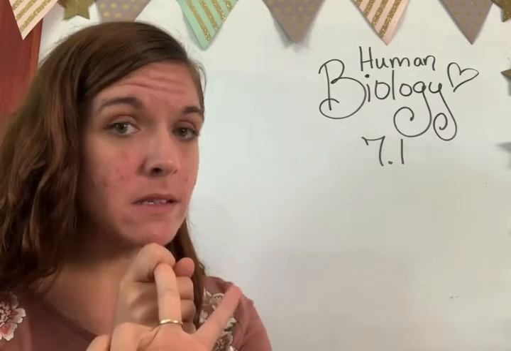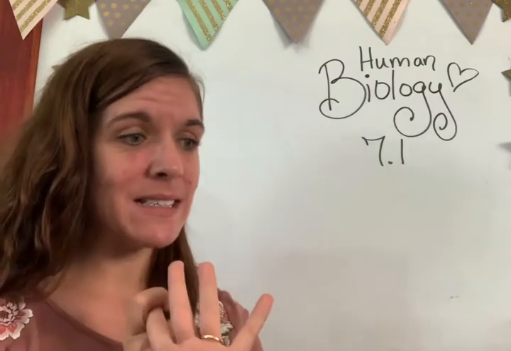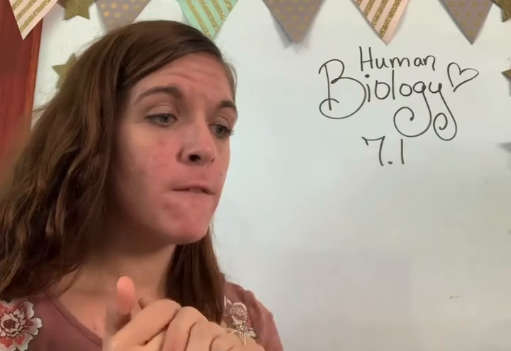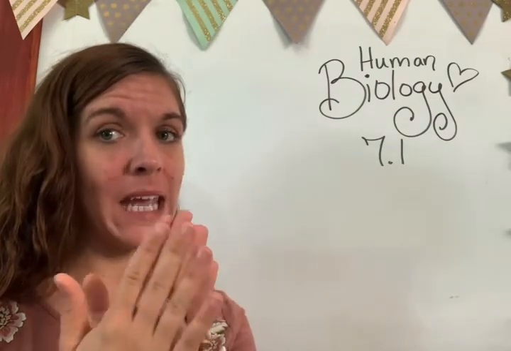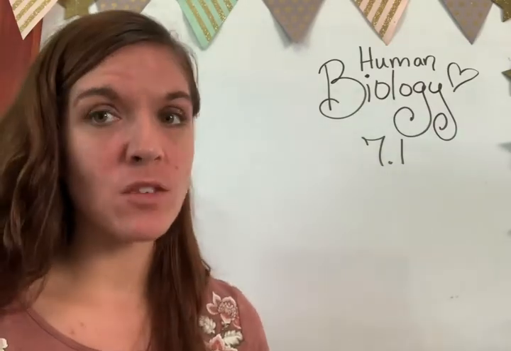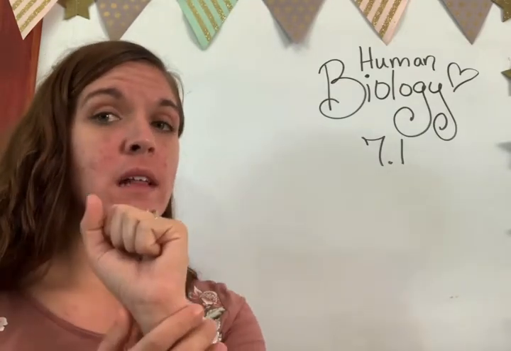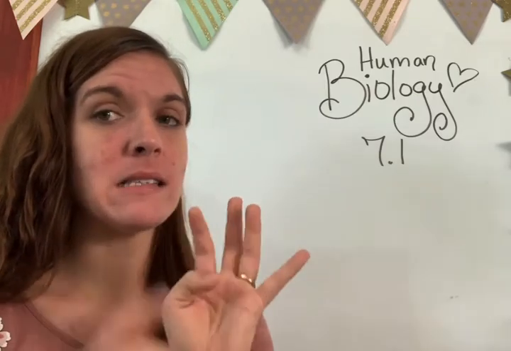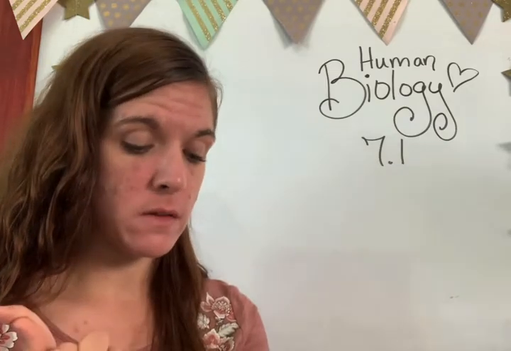Function of joints, function of muscles, function of tendons, function of bone marrow, function of calcium and phosphorus inside your body. This section looks so short and it is packed with information, okay? So again, let me repeat that. Skeletal system, you want a list of function of bones, joints, muscles, tendons, bone marrow, calcium, and phosphorus, okay?